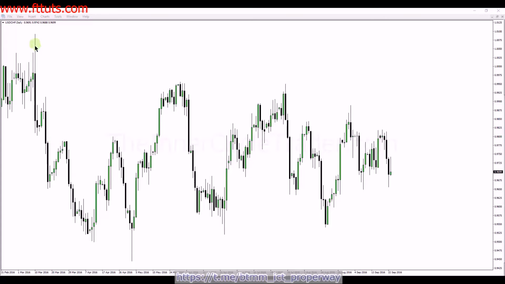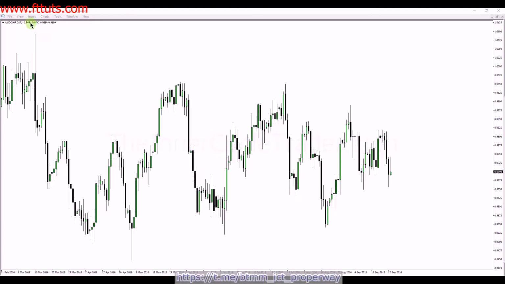We have one here, another here, and another here, and these three price swings actually make up one larger price swing, which is an impulse leg by its own right.